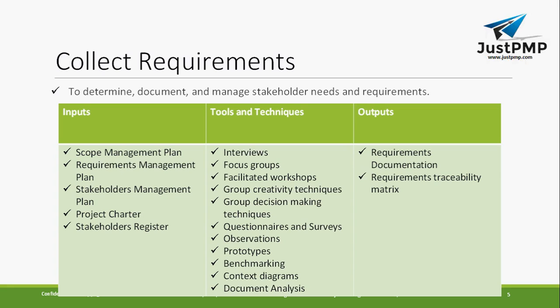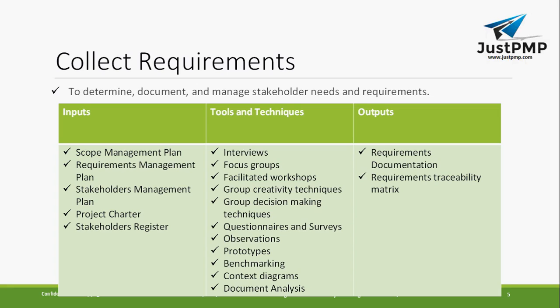The project charter is really important, because it tells you who the stakeholders are and all the other information: what the risks are, what the assumptions are, what the expected deliverables are.